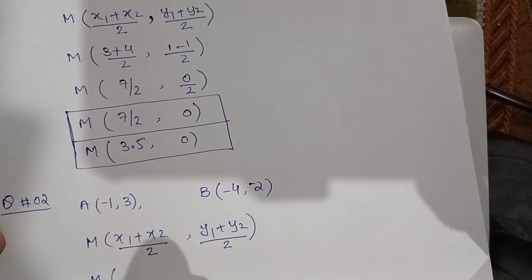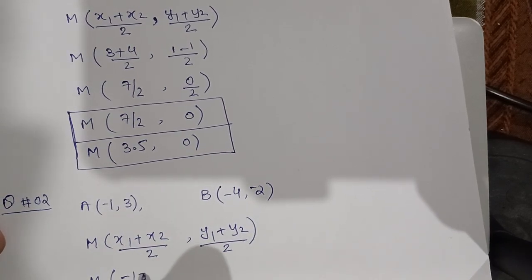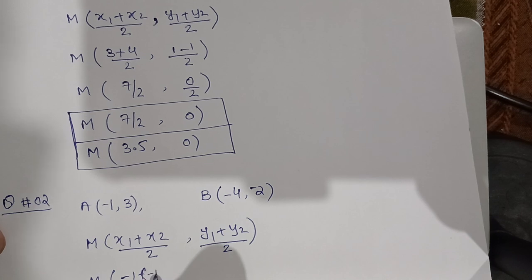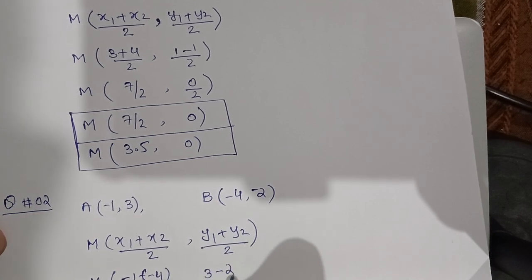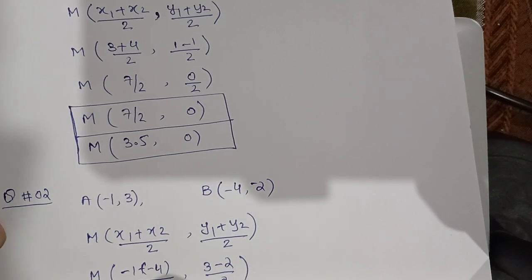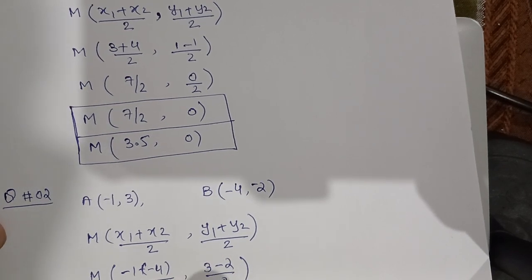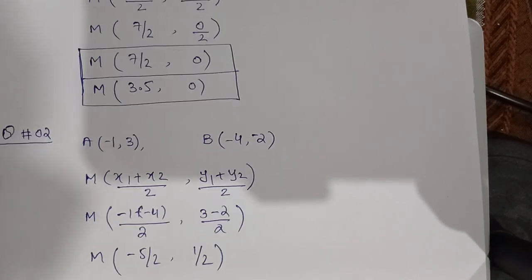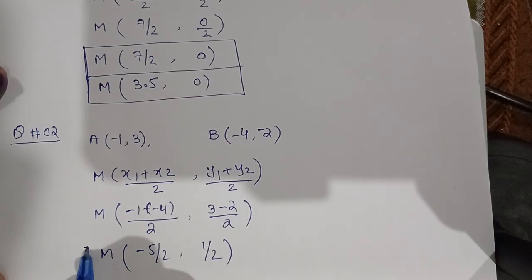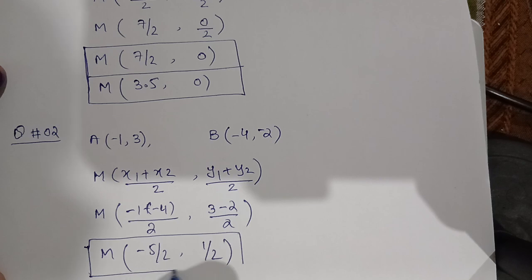We will find (-1 minus 4) divided by 2, (3 minus 2) divided by 2. This will become -5/2 and this will become 1/2. So this is the solution of the next question.